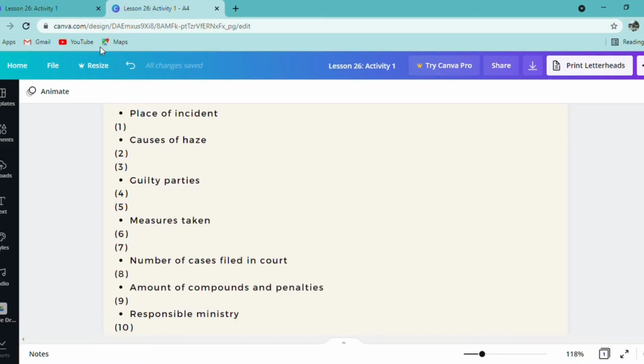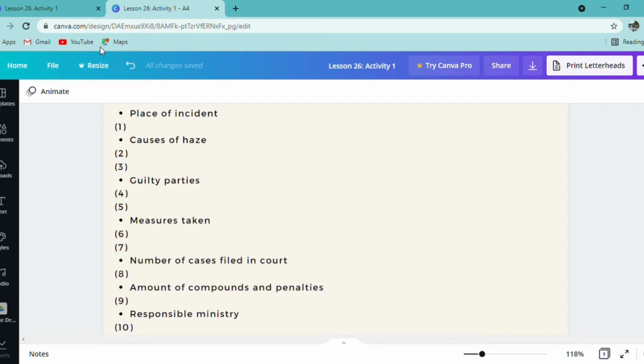When you click on the Canvas site, it will appear like this. This is where you need to write down your answer. Before you write, you need to read through all the questions first, and then you can answer. The first question is about the place of incident.